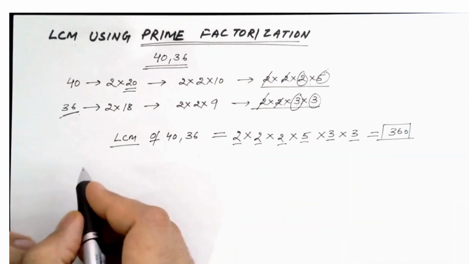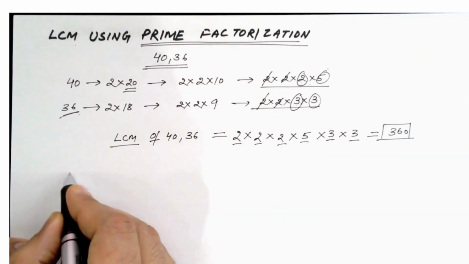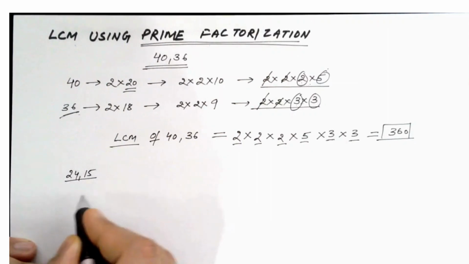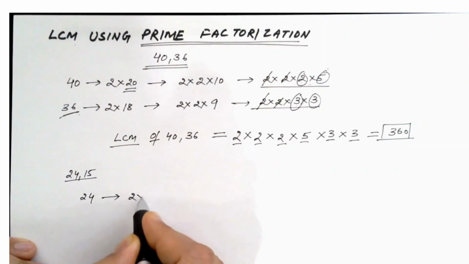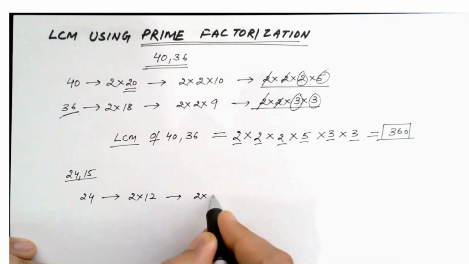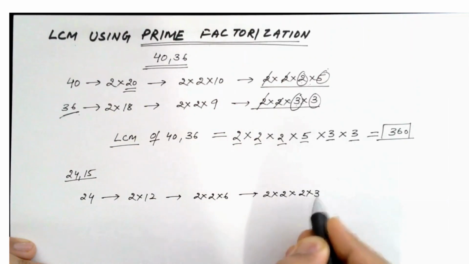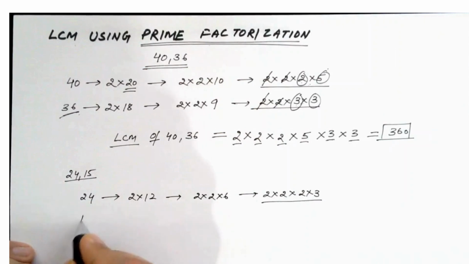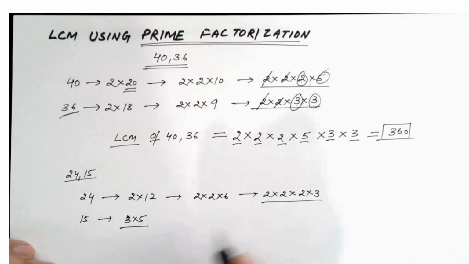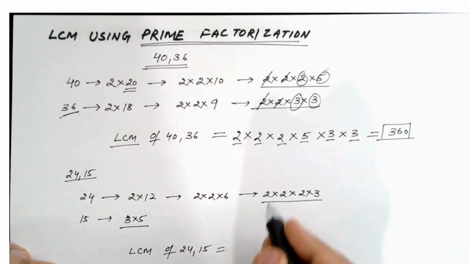So let's take another example, 24 and 15. The prime factors of 24 are 2 into 2 into 2 into 3. For 15 we have 3 into 5, and they are prime. Now when we write the LCM of 24 and 15, this 2 is not present here, so we have to include that.